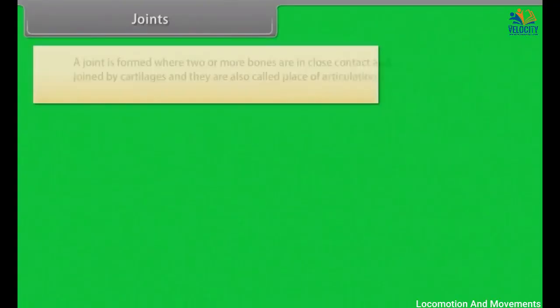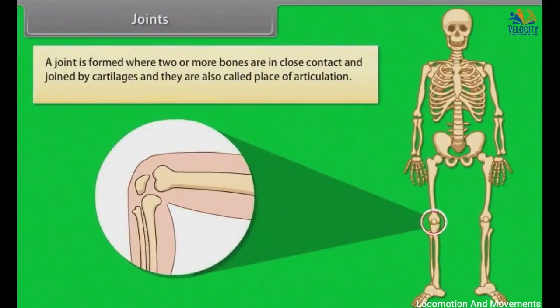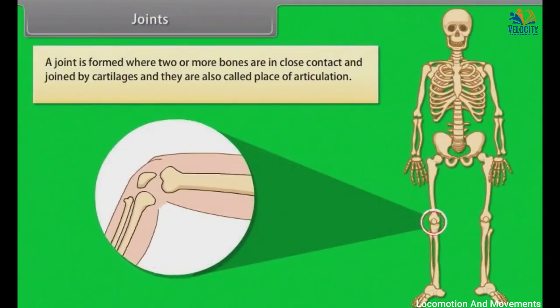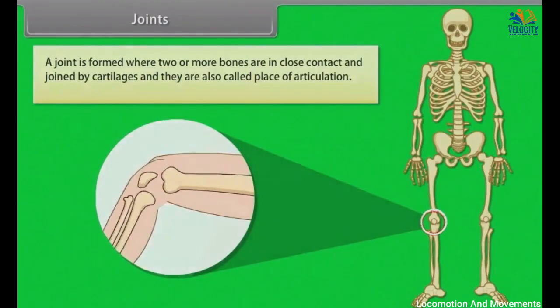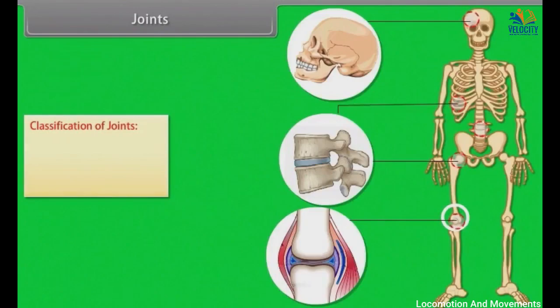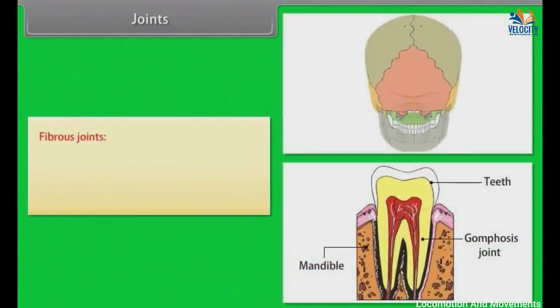Joints. A joint is formed where 2 or more bones are in close contact and joined by cartilages, and they are also called place of articulation. Classification of joints: fibrous joints, cartilaginous joints, and synovial joints. Fibrous joints.